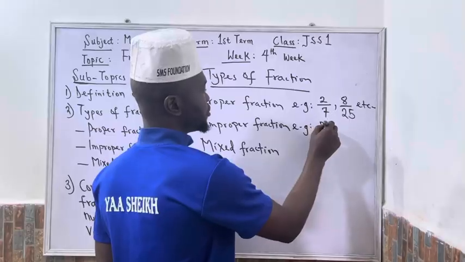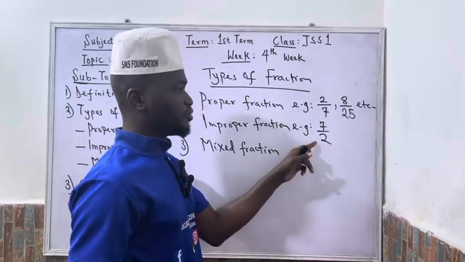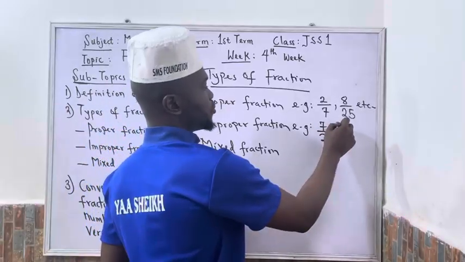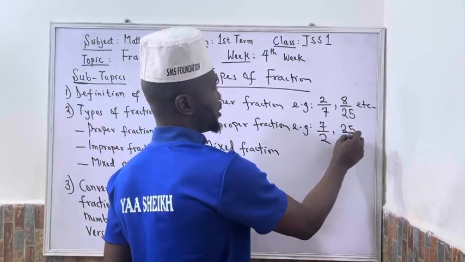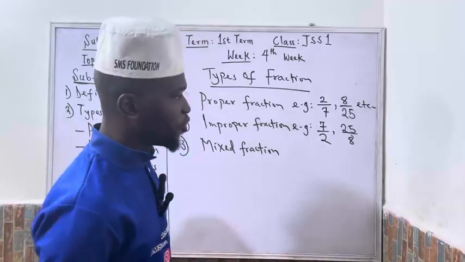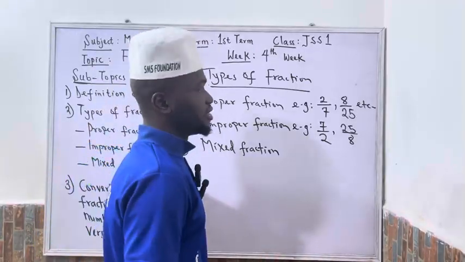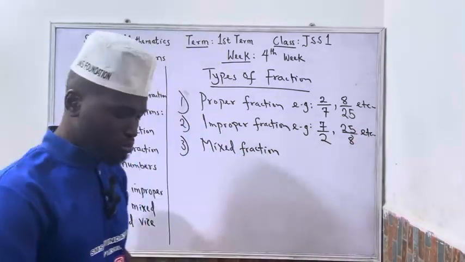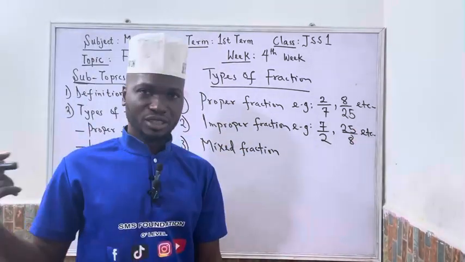So I can have 7 over 2. 7 over 2 is an improper fraction. Another one is 25 over 8, an improper fraction. 80 over 4 or 80 over 3 is an improper fraction. So we have etc. You can also form some and drop them in the comment section.